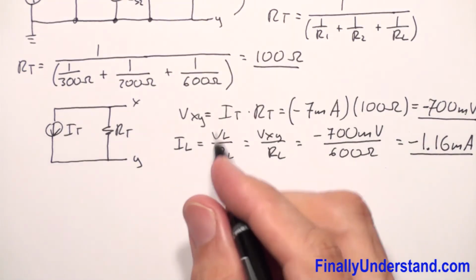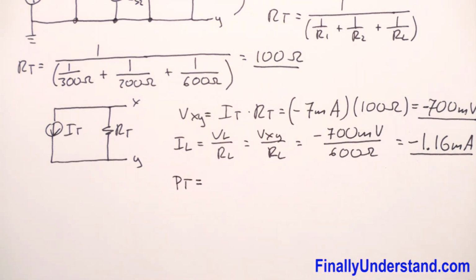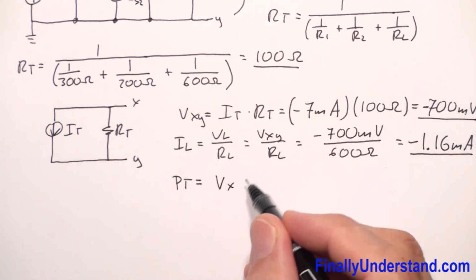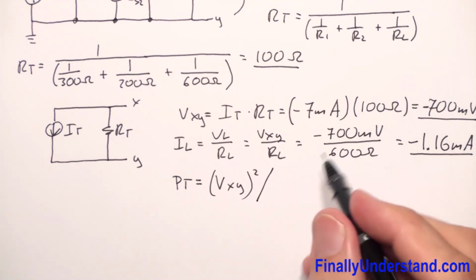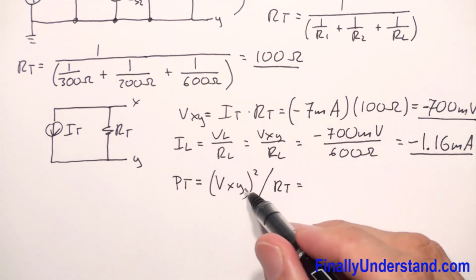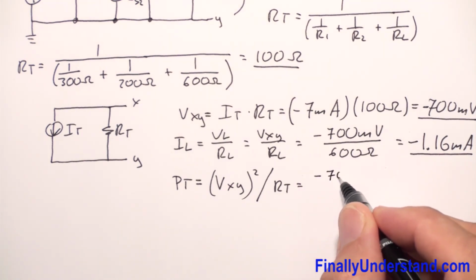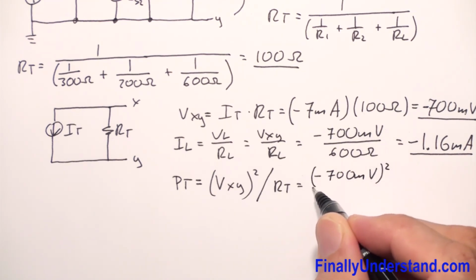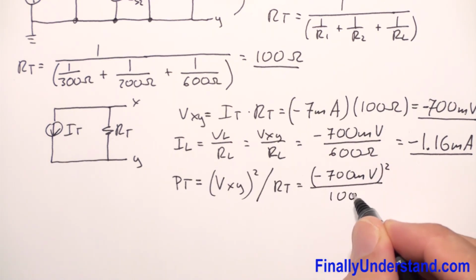P total is equal VXY to the second power divided by R total. So VXY, we said this is equal negative 700 millivolts to the second power over R total, which is equal 100 ohms.